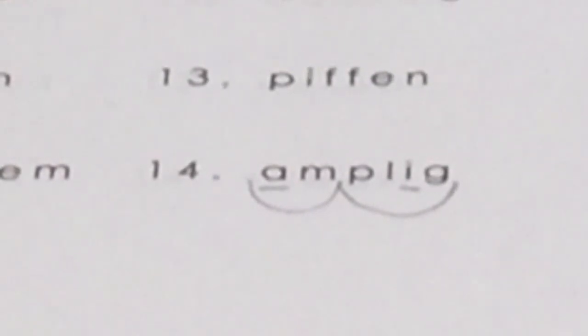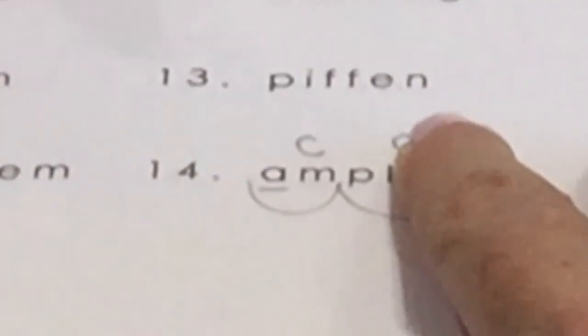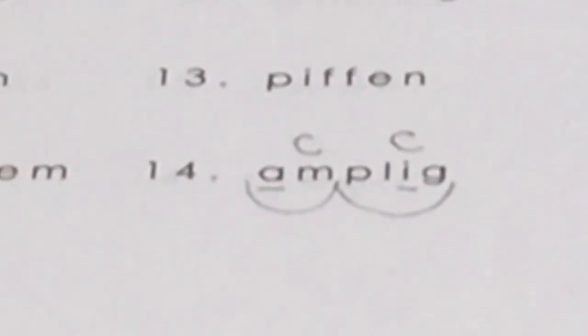So if it were am-plig or amp-lig, it's really going to sound the same in the end once it's blended. But that's a combination where you couldn't put it after the L because AMPL is not an ending blend. You're not going to see that at the end of a syllable anywhere. But you might see MP, you might see PL, but you're not going to see MPL at the beginning of a syllable either. Okay? So that's practice with nonsense words and with real words.